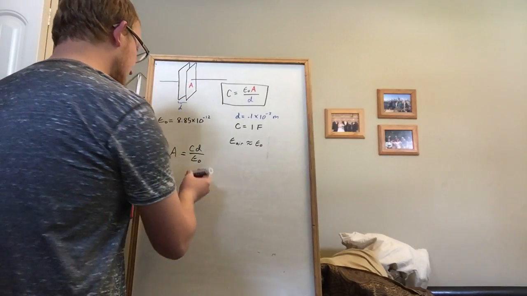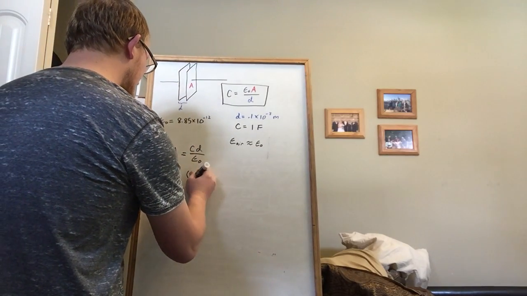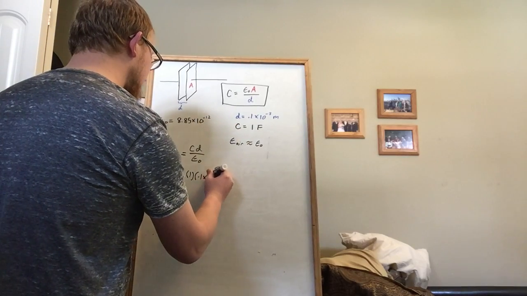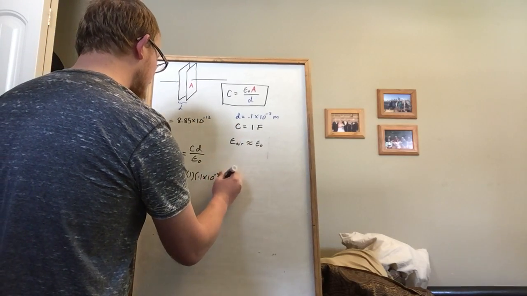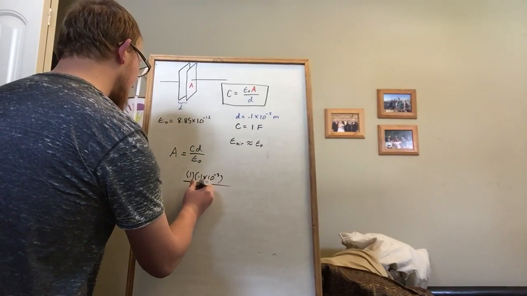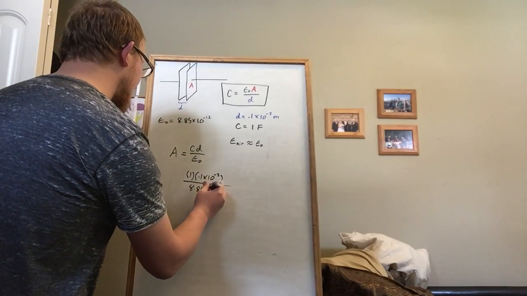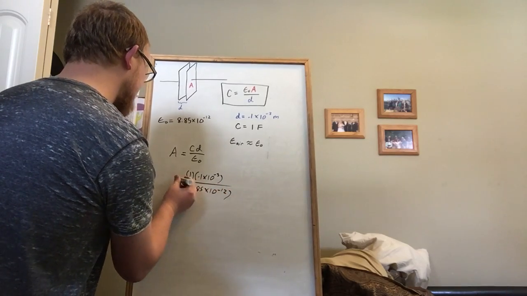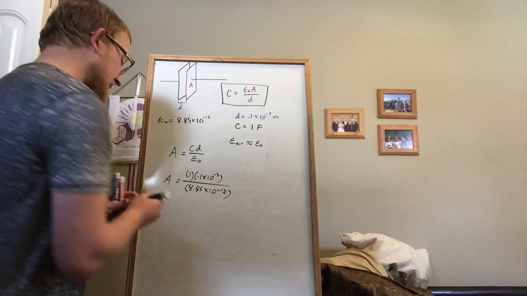We know that C is going to be 1 farad. The distance we were given is 0.1 times 10 to the minus 3 meters divided by E0, which is 8.85 times 10 to the minus 12. And that's going to give us our area in square meters.